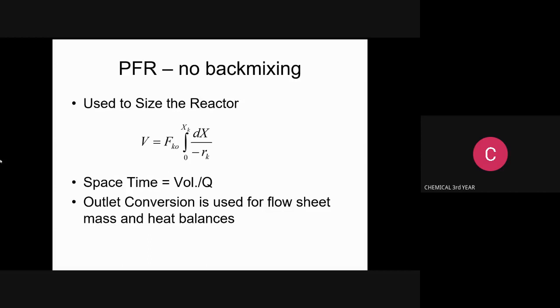In the CSTR, I already told you that a stirrer is equipment used to make proper, uniform mixing. If there is no uniform mixing, what will happen?